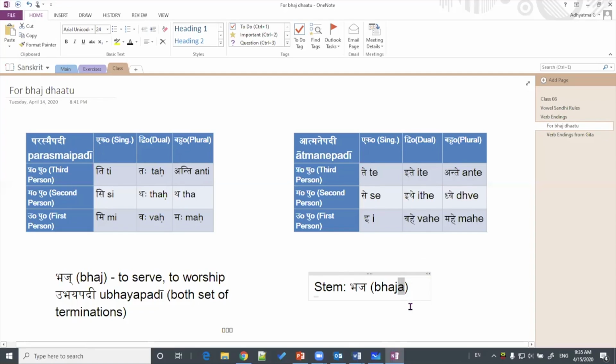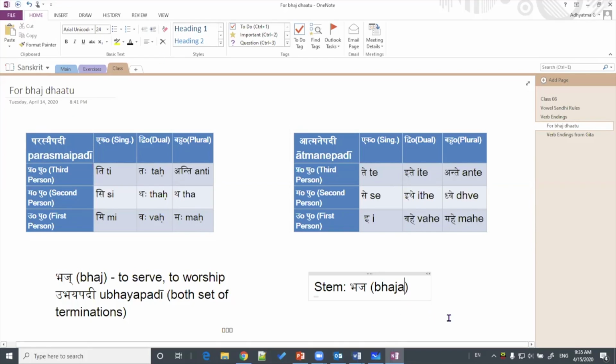There are other rules for other verbs where the stem doesn't end in akara. When the stem ends in akara, it makes it very simple to apply these endings. When it does not end in akara, there are certain complications in making the endings.